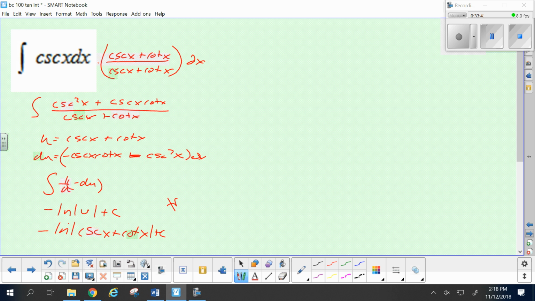That's true, but that is not the common form you'd see in a text. So I appreciate your good calculus, but the accepted form that you'll see, and therefore probably on a multiple choice, would be something like to multiply by cosecant minus cotangent.